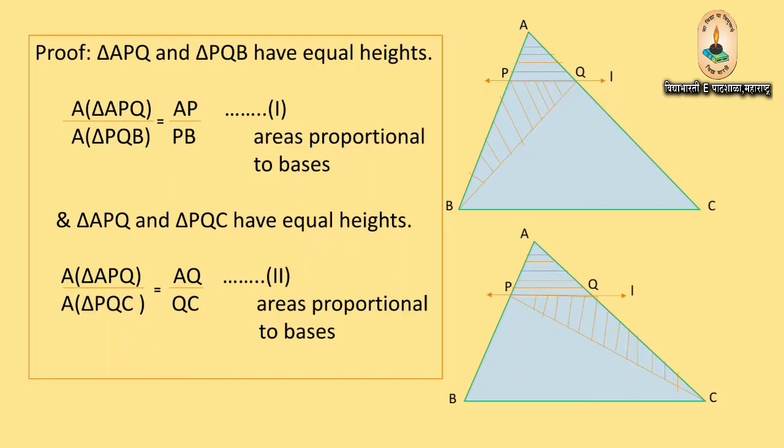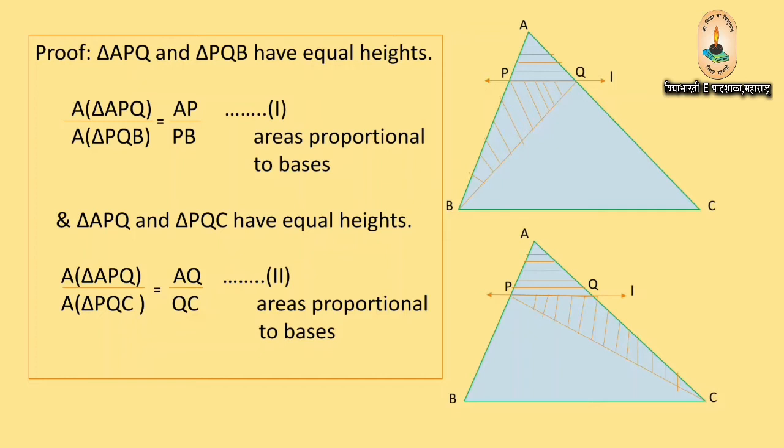Now observe the second figure and the shaded portion, triangle APQ and triangle PQC. These two triangles have the base along the same line, that is along AC, and they have the common vertex, that is the point P, and therefore triangle APQ and triangle PQC have equal heights.